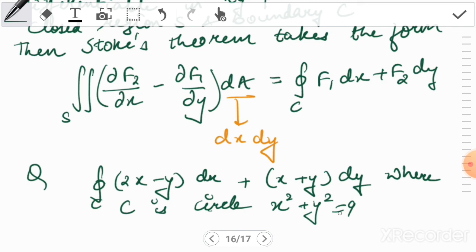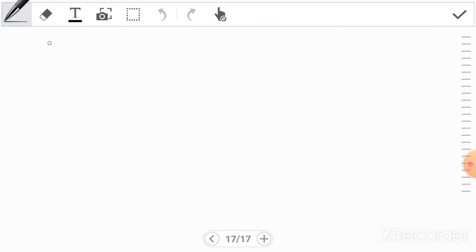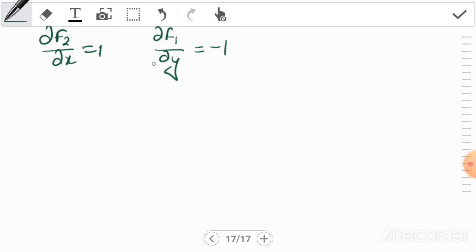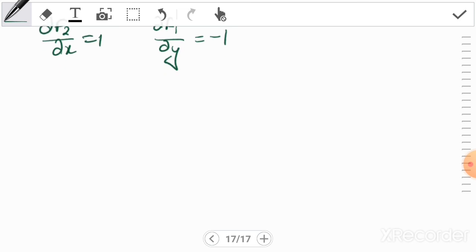So this is a circle with radius 3, and del F2 by del x is equal to 1 and del F1 by del y is equal to minus 1. These are constant, so we need not worry about limits.